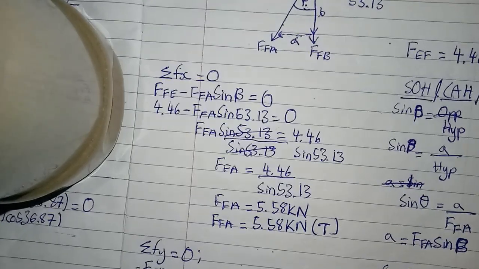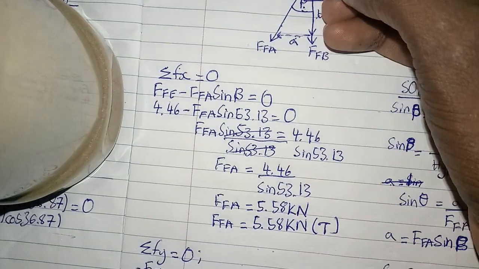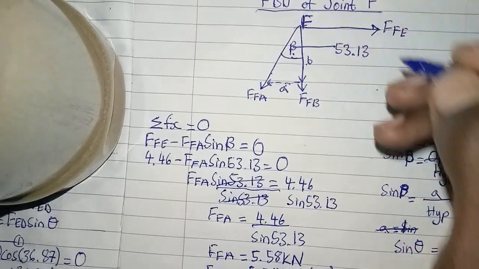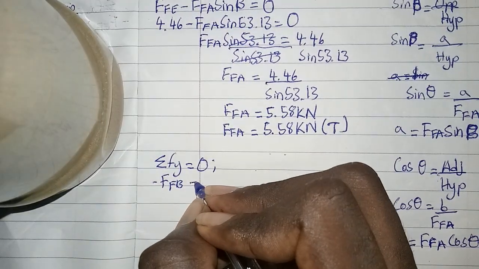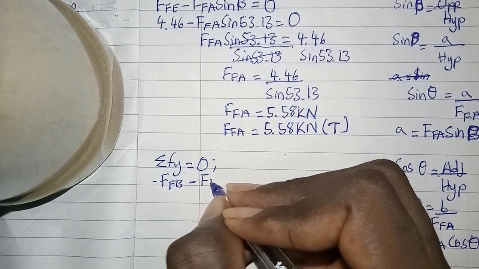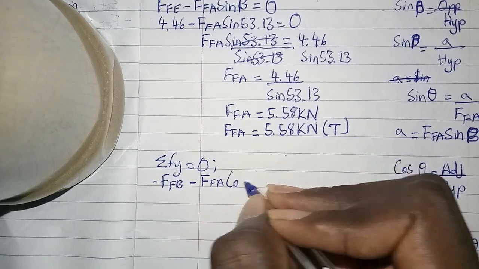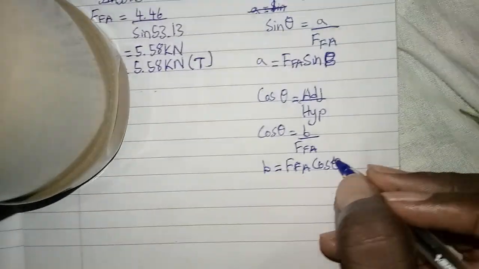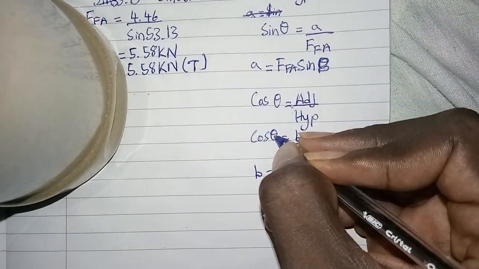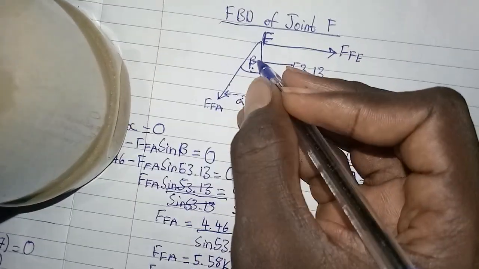So we substitute it into the equation. It is going downwards, so it will be negative. We get negative FA cos beta, because the angle is beta.